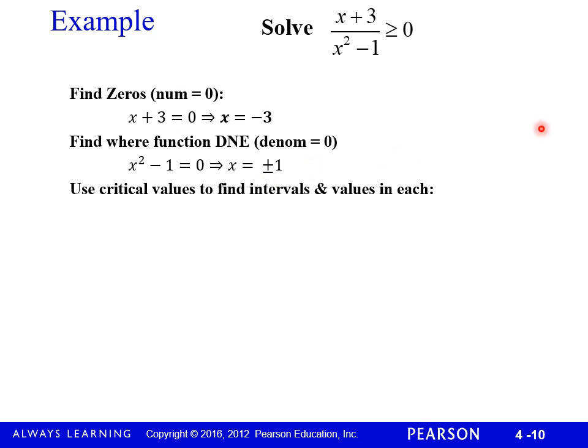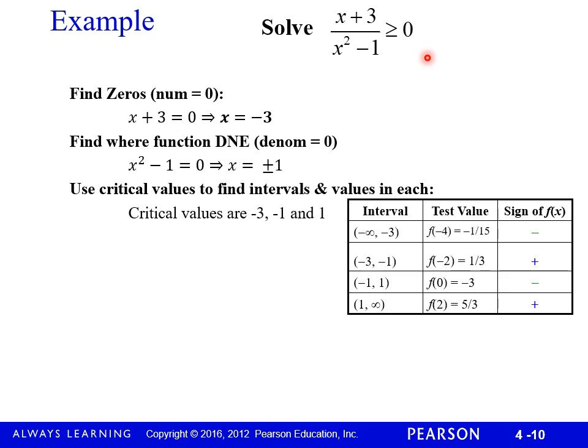This gives us three critical values. Remember, these are the answers to the above steps. So we have -3, -1, and +1, which separates our number line into four intervals: from -infinity to -3, from -3 to -1, from -1 to 1, and from 1 to infinity.